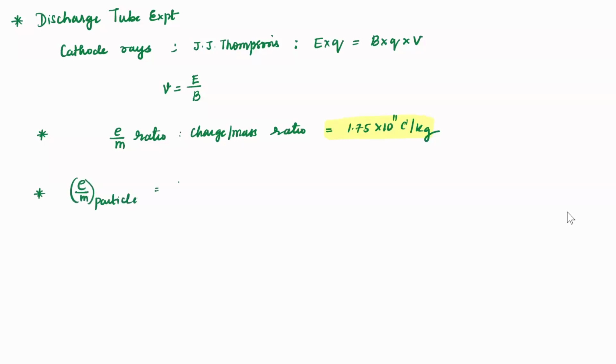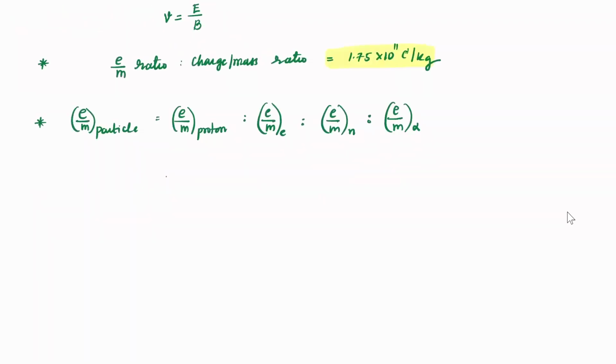For example, if it is been asked for E by M ratio of proton versus E by M ratio of electron versus E by M of neutron and E by M of alpha, if you want to take out the ratio for this.